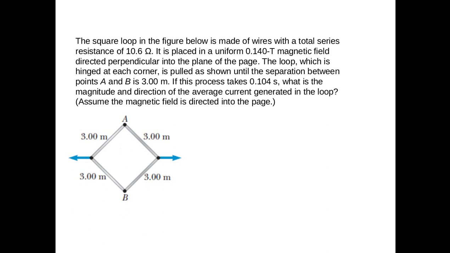Because if your area is decreasing, you have fewer magnetic field lines in the loop. So whichever direction you want to put B in, you can find the direction of the induced current using the right hand rule. That's just a little extra practice if you want it.